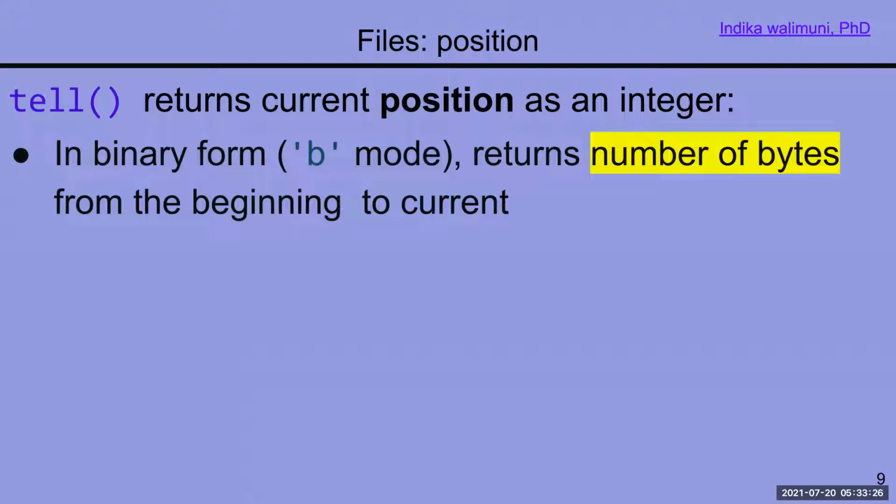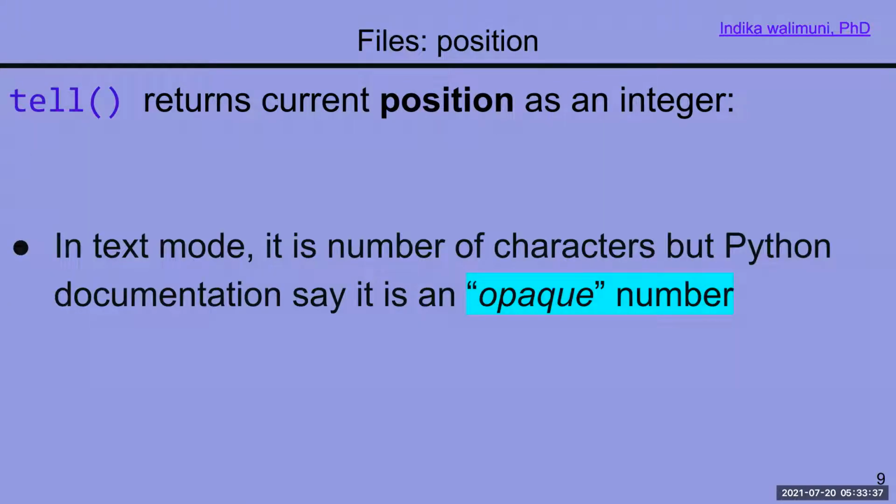In text mode, you will see that it's the number of characters from the beginning to the current position, but Python documentation specifically says it is an opaque number.